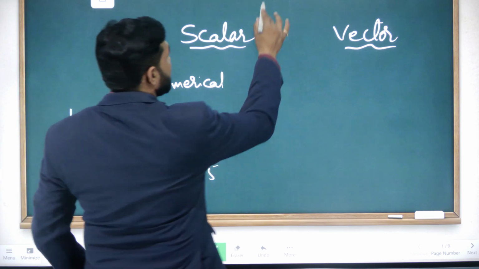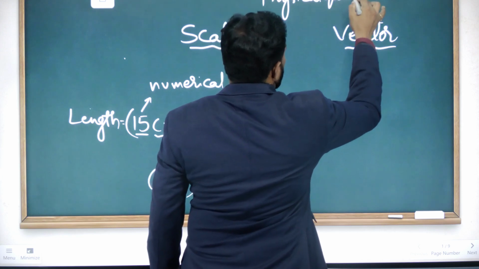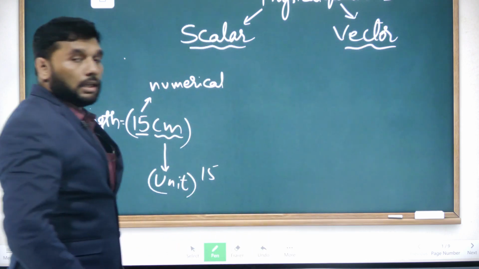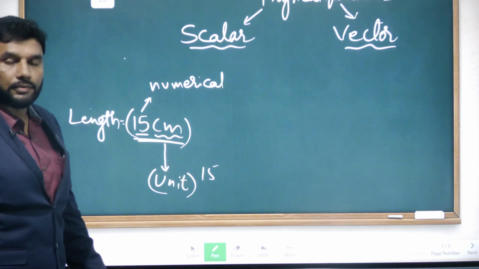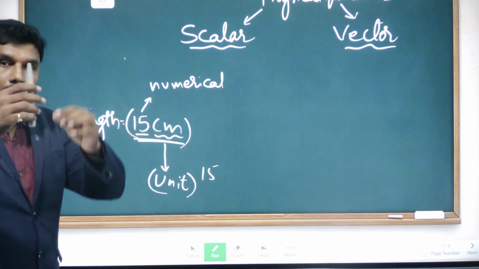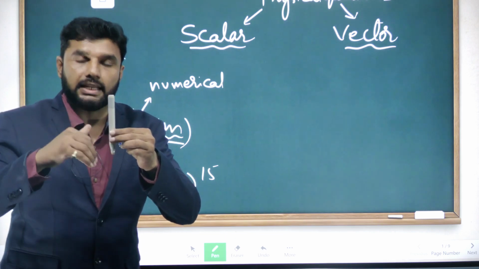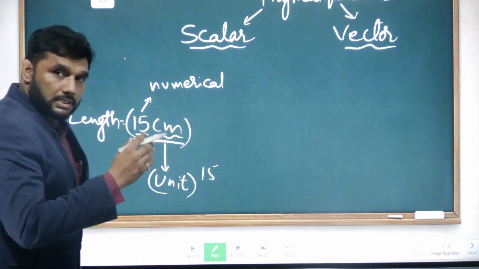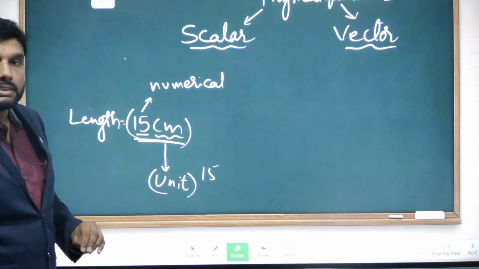But those physical quantities can be categorized into scalar quantities and vector quantities. If a physical quantity has only magnitude, just as I mentioned earlier, that is 15 centimeters, it possesses a numerical value along with a unit. If I measure the same length of the stylus in the other direction, is there any difference in the value? No, right? That means physical quantities which have only magnitude but no direction are known as scalar quantities.